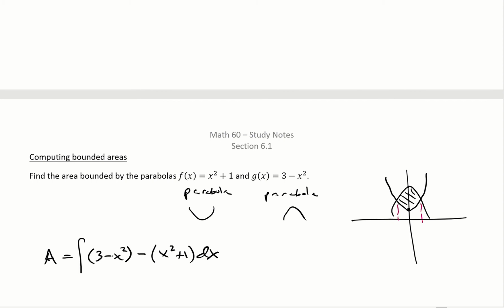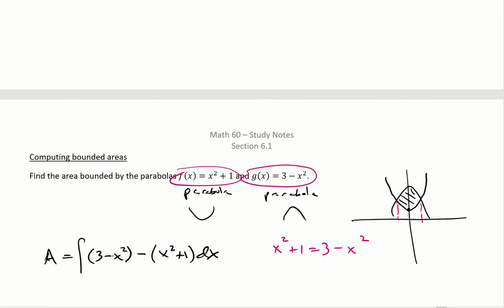Instead, we take these two functions and we find out where they're equal to each other. So in other words, we set x squared plus 1 equal to 3 minus x squared and solve for x. Because when we set the y values equal to each other, we're saying, where are the y values equal?